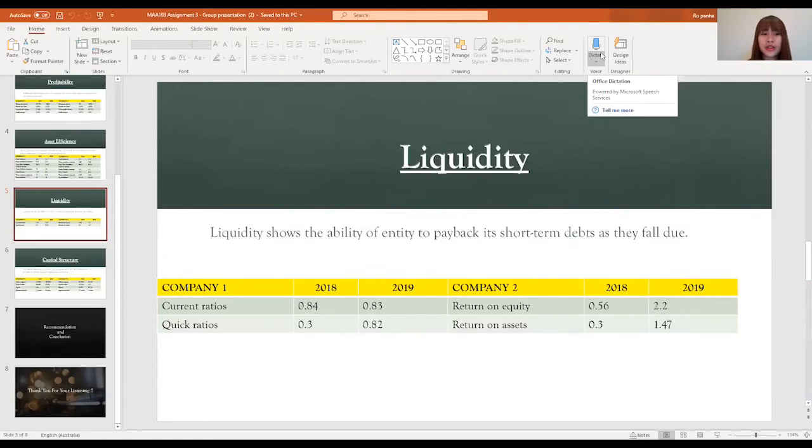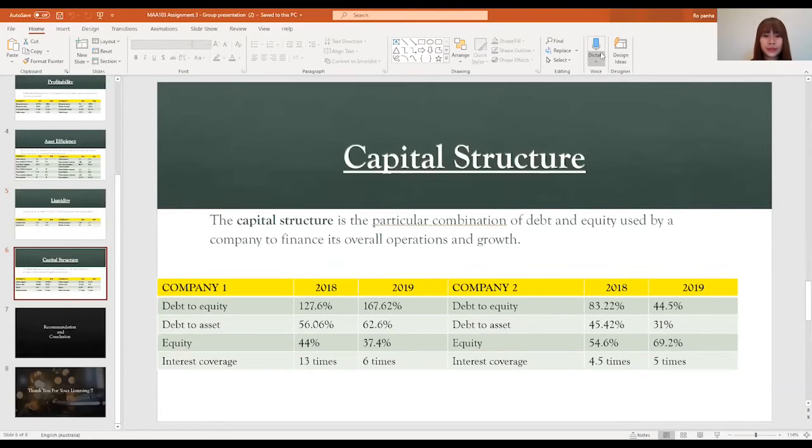And now let's move on to capital structure. Capital structure is the particular combination of debt and equity used by the company to finance its overall operation and growth. As you can see on the PowerPoint slide, there are 4 ratios in the company's capital structure.